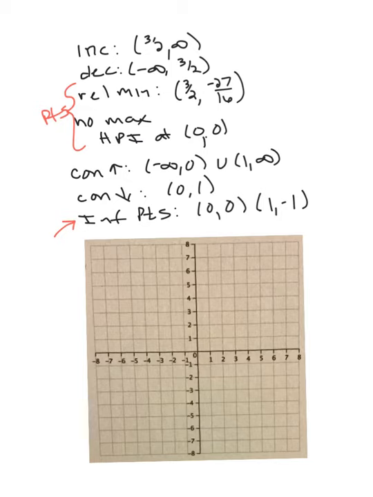The relative min at 3/2 or 1.5 and negative 27 over 16 is not quite to negative 2. So we're at 1.5, not quite to negative 2. We have no max. We have an HPI at 0, 0. And then the other point that we have is at 1, negative 1, the other inflection point we have.